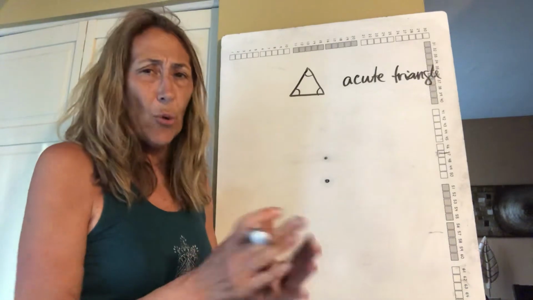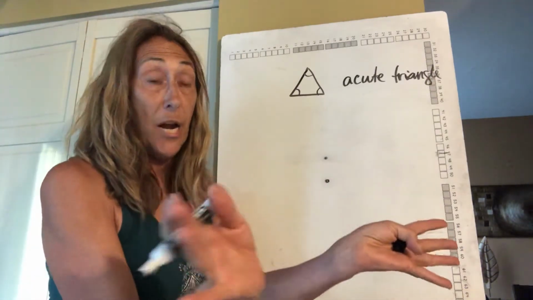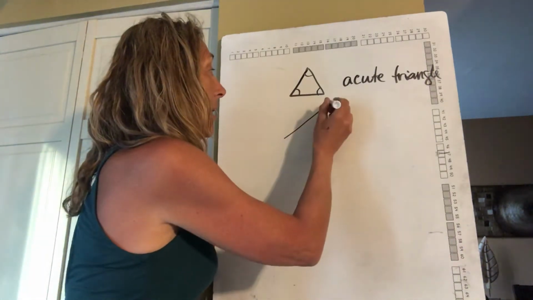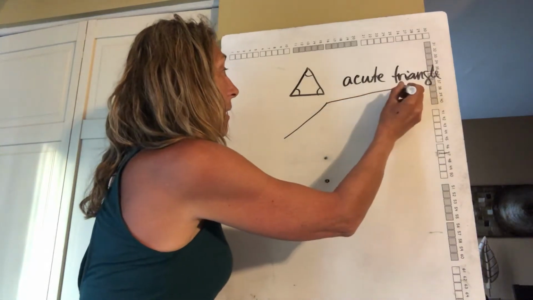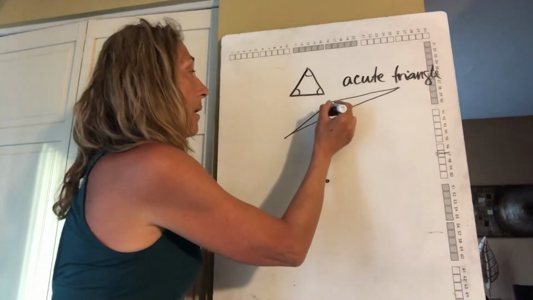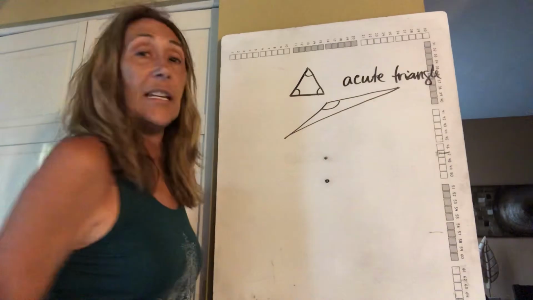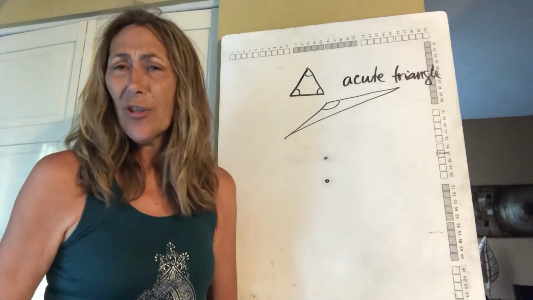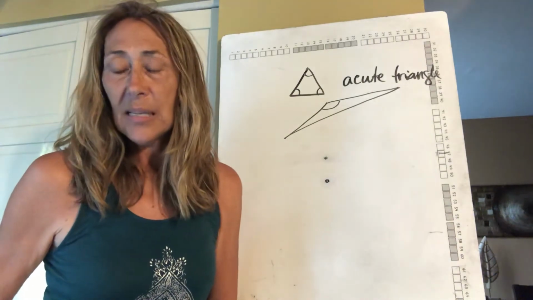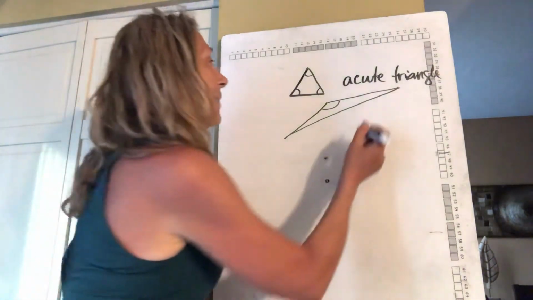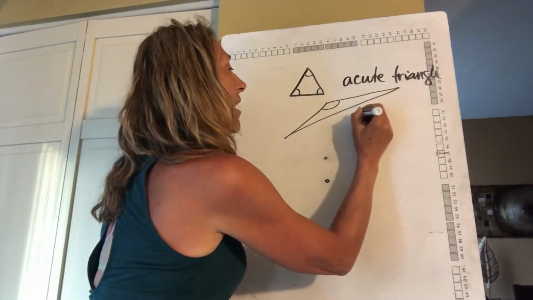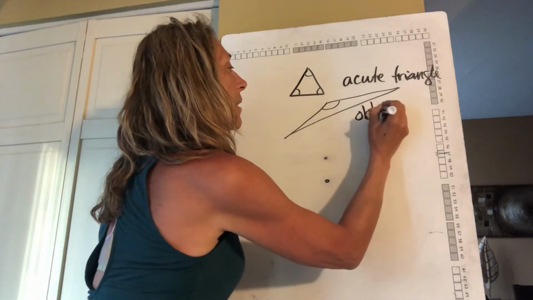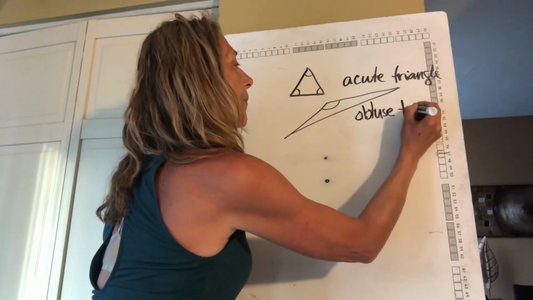Then, if you remember angles, that other big one, and here's the angle right here, which is much greater than 90 degrees. So we're calling this an obtuse triangle.